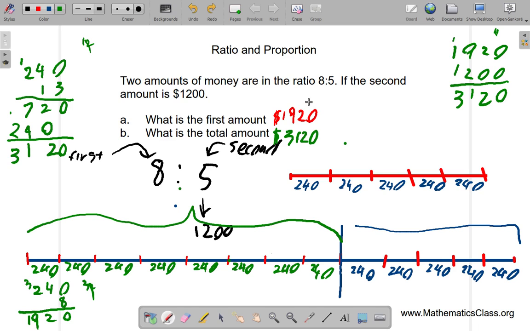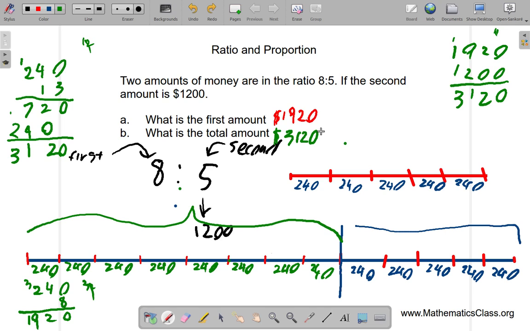And then you realize that each part of that money is 240, and the first part of the money is 8 equal parts, and each part is the same 240. So you multiply the 240 by 8 to get $1920.